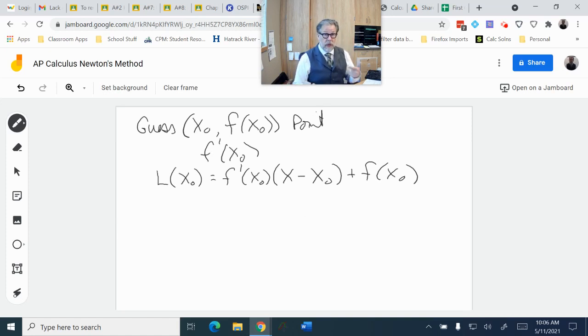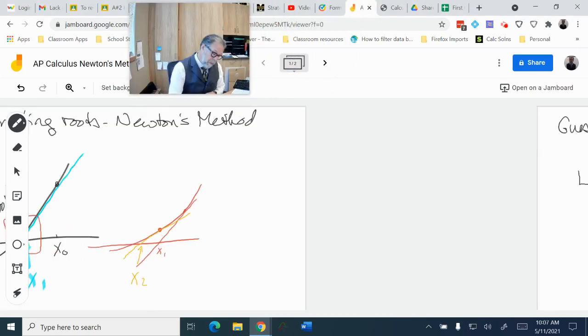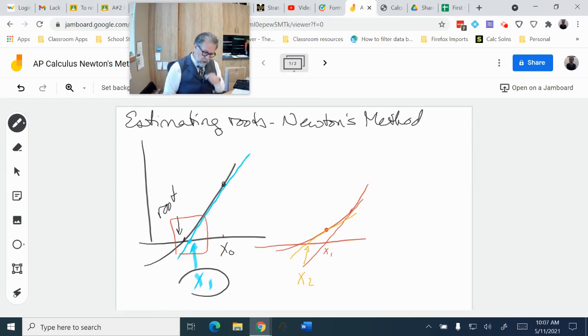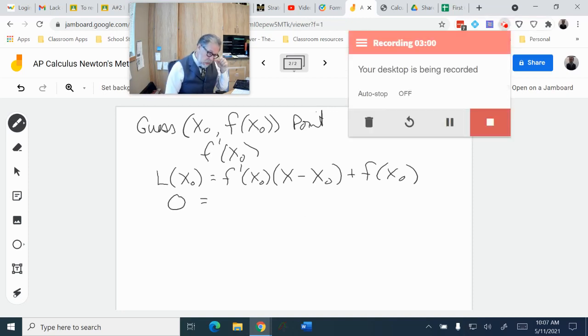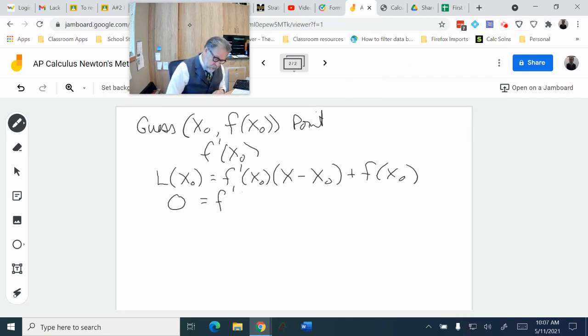And what I'm looking for is where this line crosses the x-axis. That's my first, if I go back a screen, that's my x1. Where does that linearization cross the x-axis? So in other words, I'm going to make this line equal to 0, which makes my x value x sub 1, the root of the linearization.